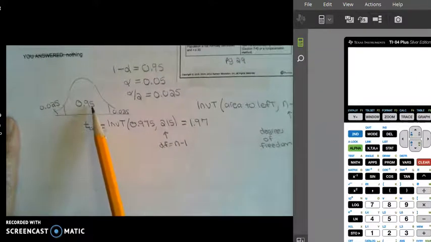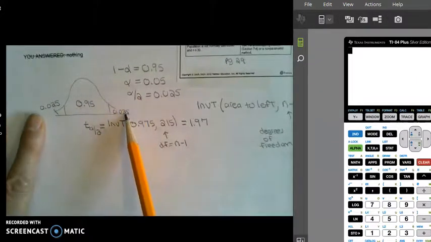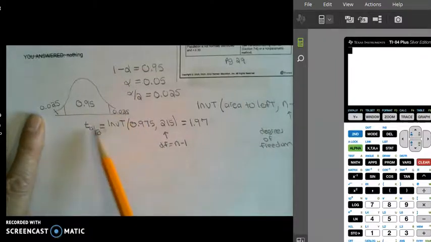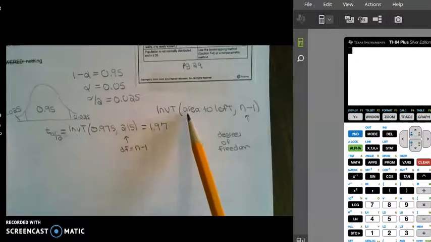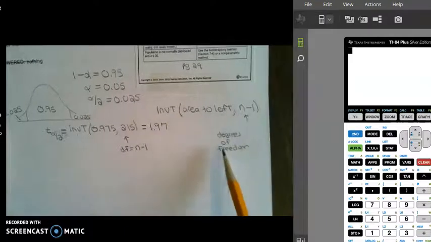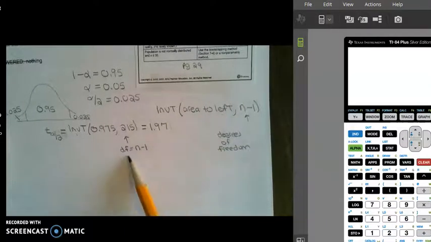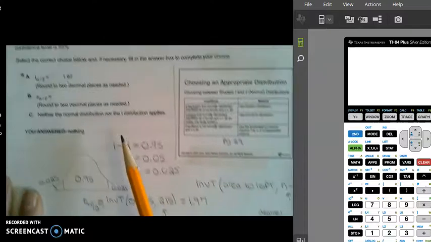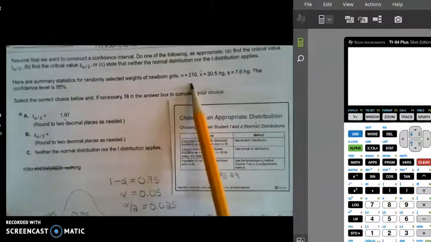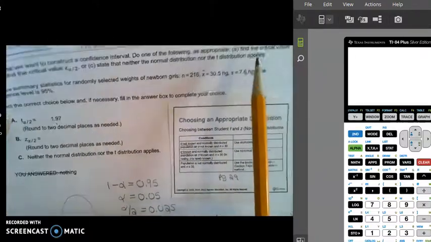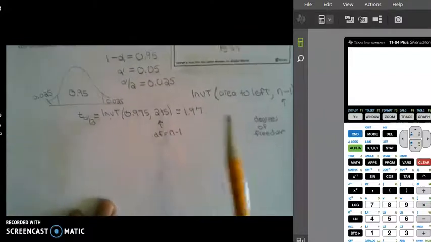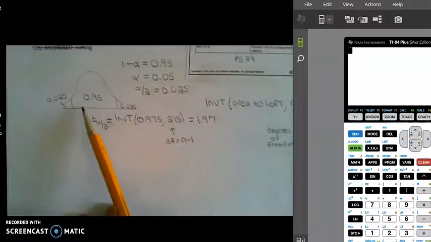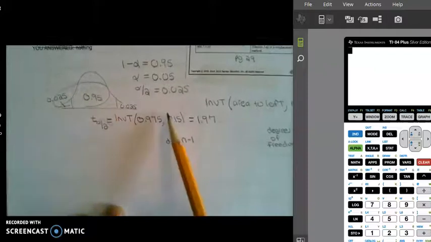So 1 minus 0.95 is 0.05, and that's divided evenly among each tail. The way we use inverse T, I put over here, is you put the area left and the degrees of freedom. The degrees of freedom is always n minus 1. So since n is 216, it'd be 215. So it'd be the area to the left, which is these two, and then the degrees of freedom.